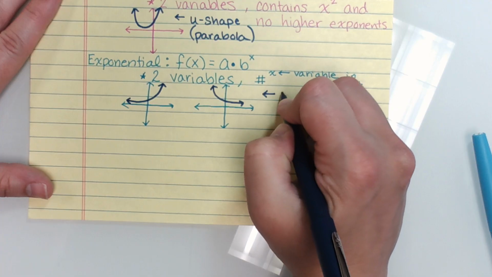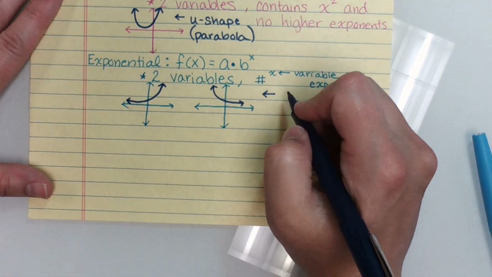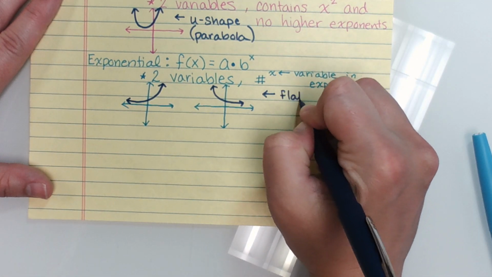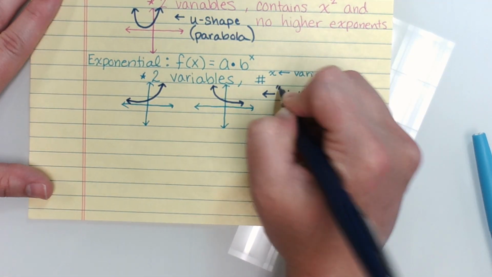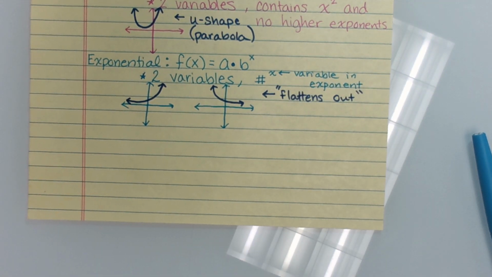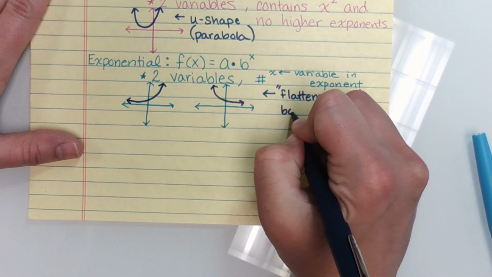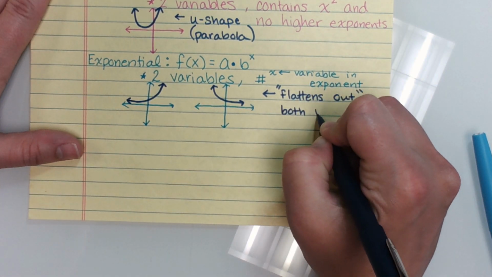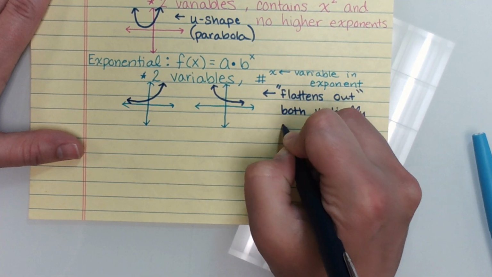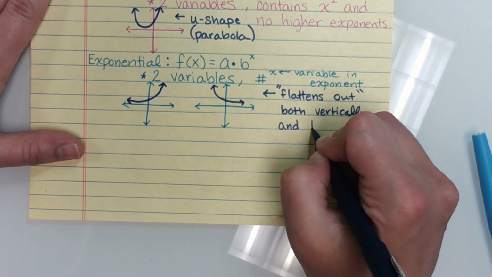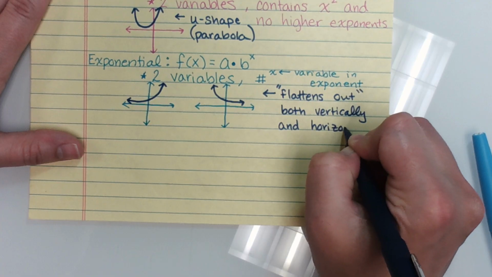Key thing about exponential graphs: they have a part that flattens out almost. And that is not a technical term. Nor does it get perfectly flat. It just kind of goes flat-ish because there's asymptotes involved. And it tends to do this both vertically on one side and horizontally on another.